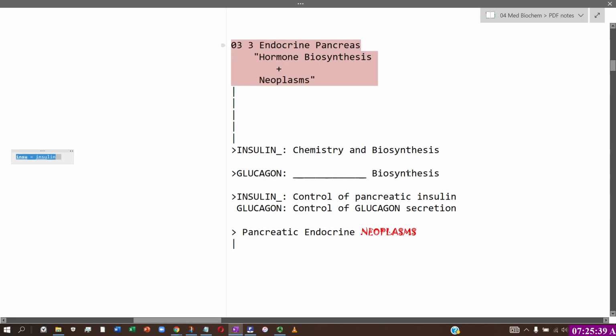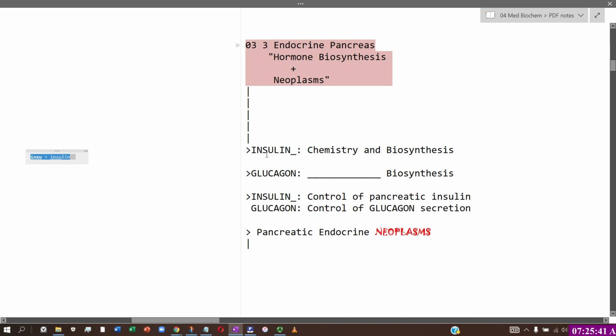So that first subtopic again is chemistry and biosynthesis, followed by glucagon biosynthesis. I just left the space here for the sake of having these 2 words right on top of each other so I can better contrast what is being discussed.